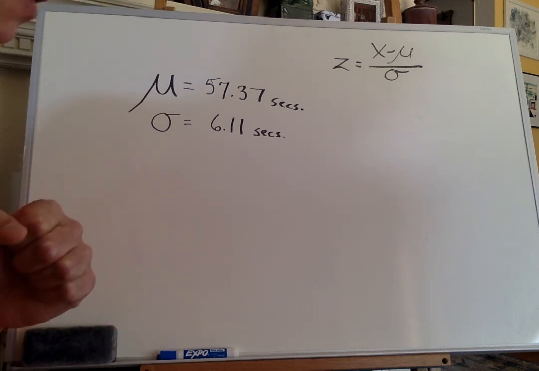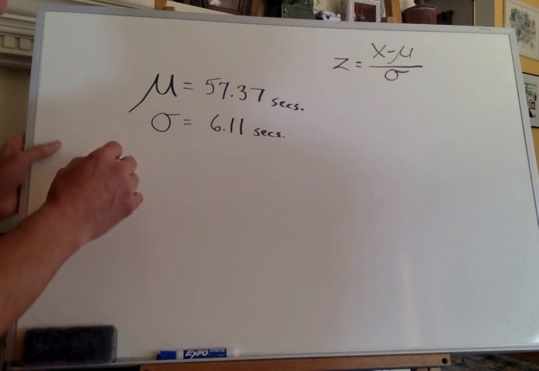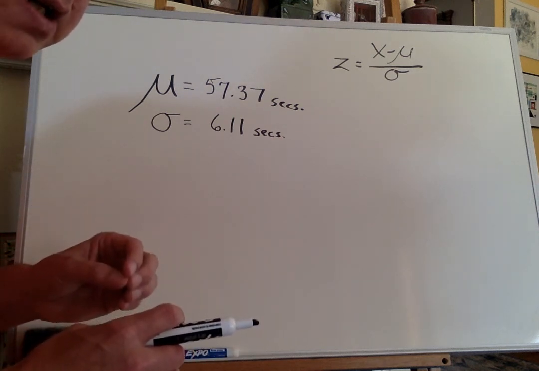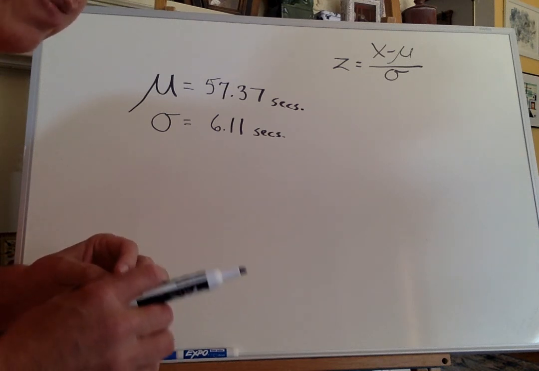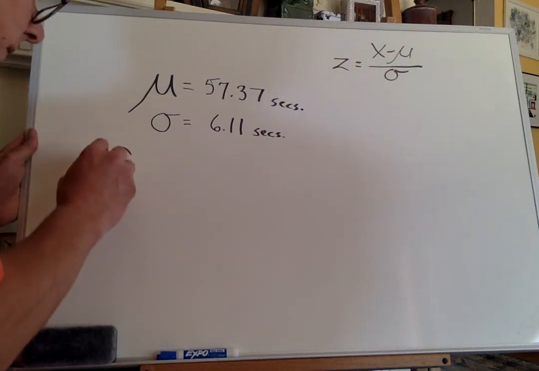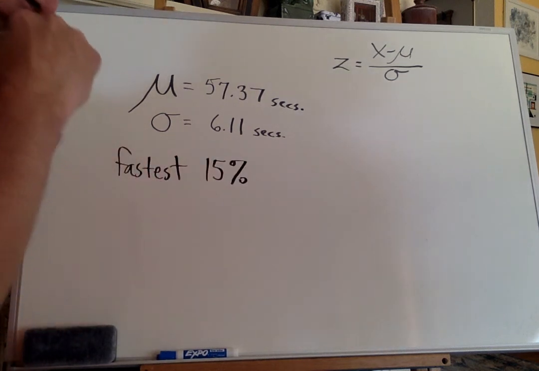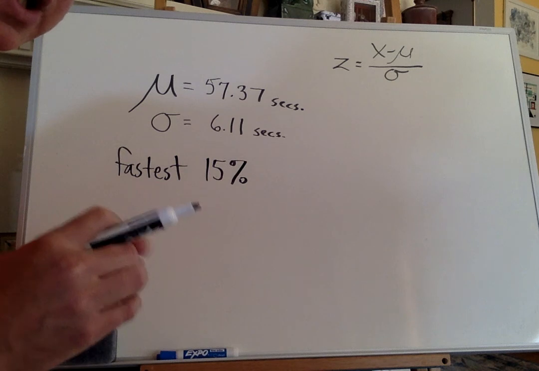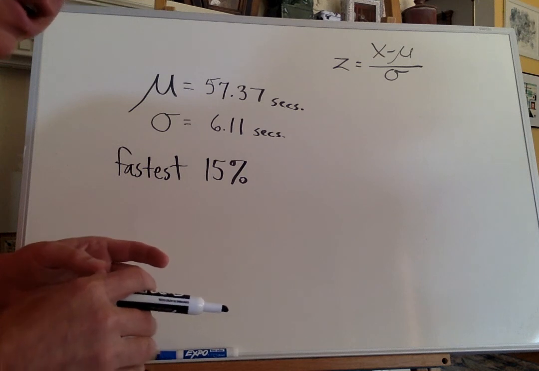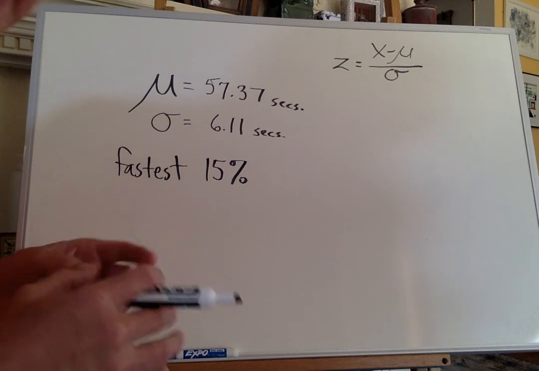All right. So let's do this. Let's say that the United States Olympic Committee has decided that the people who are the fastest, if you're in the fastest 15% in the country, you're going to get a letter or email inviting you to come to the annual Olympic tryouts.